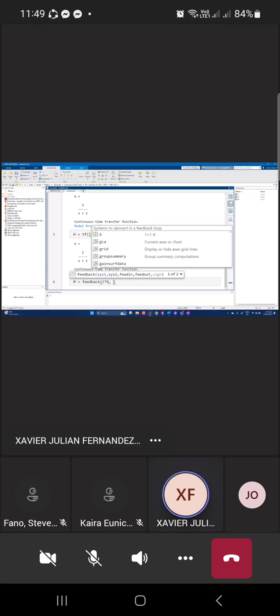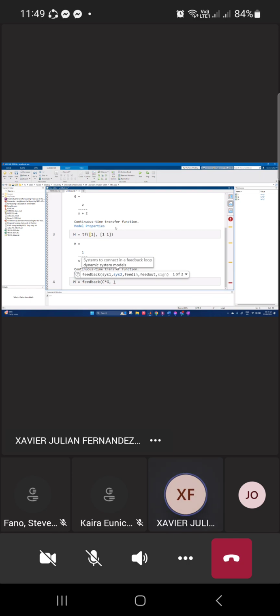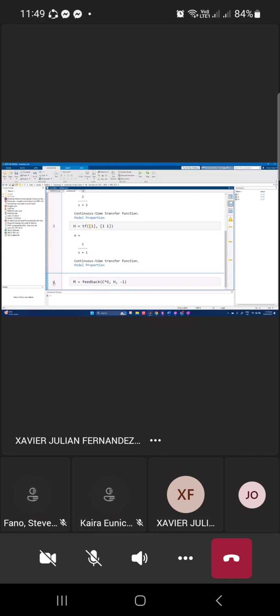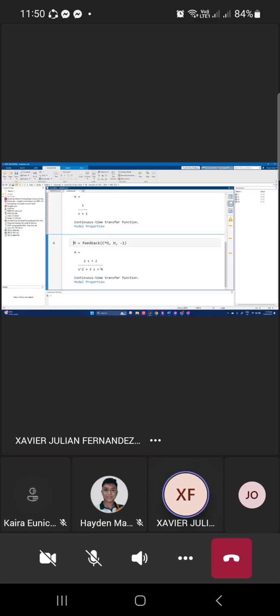System 2 is the feedback block, H. For negative feedback this works as is, but for positive feedback you have to indicate it with positive 1; negative 1 means negative feedback. Let's run this. Oh, same result.